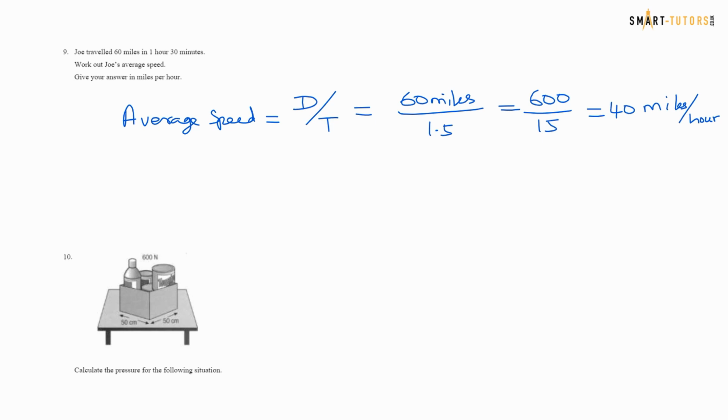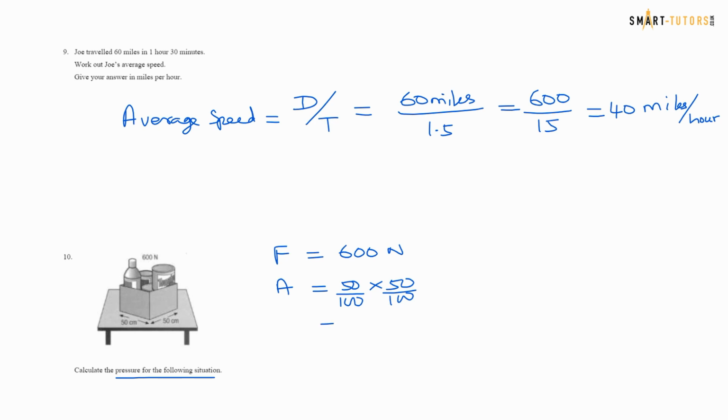So question number 10. 600 Newton is the force, and the area is 50 times 50. Calculate the pressure for the following situation. So force is given, 600 Newton. Careful with the area. Area equals 50 centimeter times 50 centimeter. So I'm going to divide by 100.